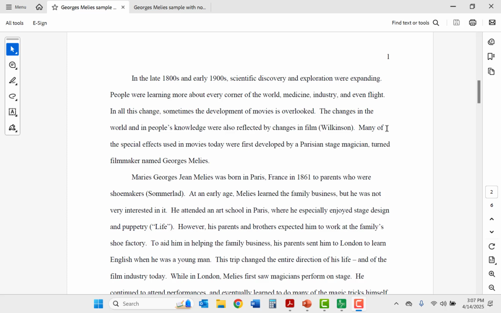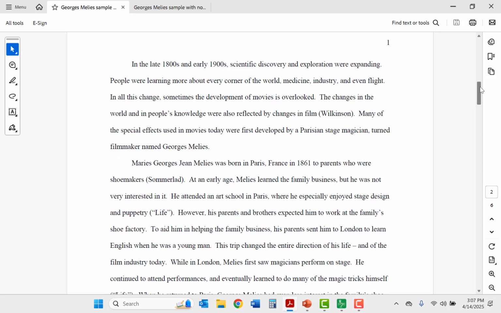Many of the special effects used in movies today were first developed by a Parisian stage magician turned filmmaker named Georges Méliès. Okay. So most of this introduction paragraph is stuff that I came up with like you normally would for an introduction. I do have a piece of information that came from one of my sources, Wilkerson. So you see I have that cited here with an in-text citation.